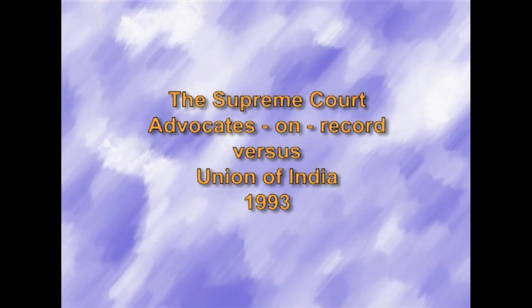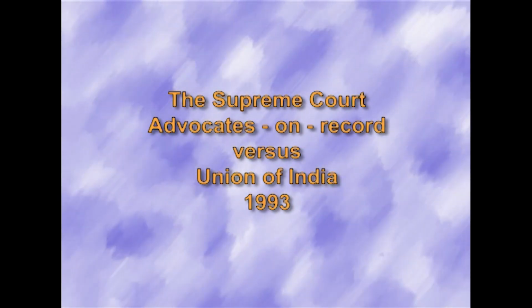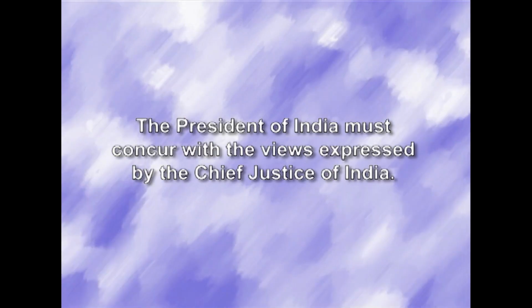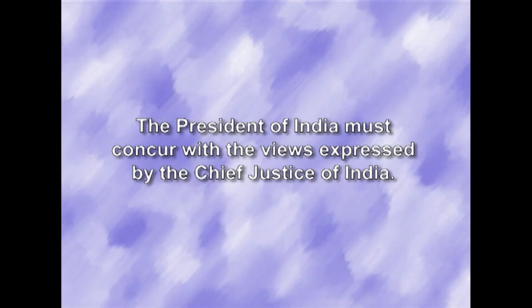Because there has been a judgment of the Supreme Court in a well-known case, SC Advocates on Record versus Union of India, 1993, where the Supreme Court gave its opinion that consultation with the Chief Justice of India is not only obligatory on the part of the President, the President must concur with the views expressed by the Chief Justice of India.